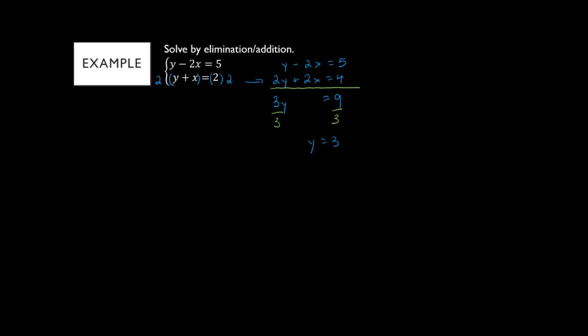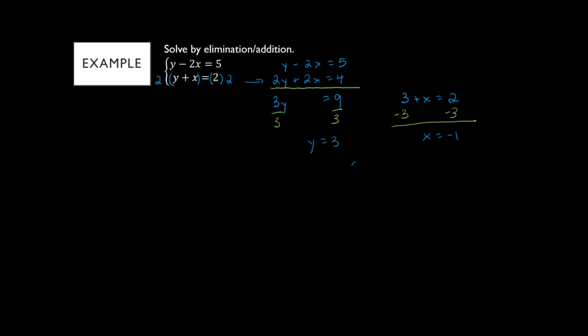Now that I know that y is equal to 3, I want to plug y back into one of the other equations to solve for x. So you pick which one is easier to plug it in. So I would put it in the second equation because then I don't have to divide by anything to find x. So we have y plus x equals 2, so 3 plus x equals 2. I subtract 3 from both sides, and I get x is equal to -1.